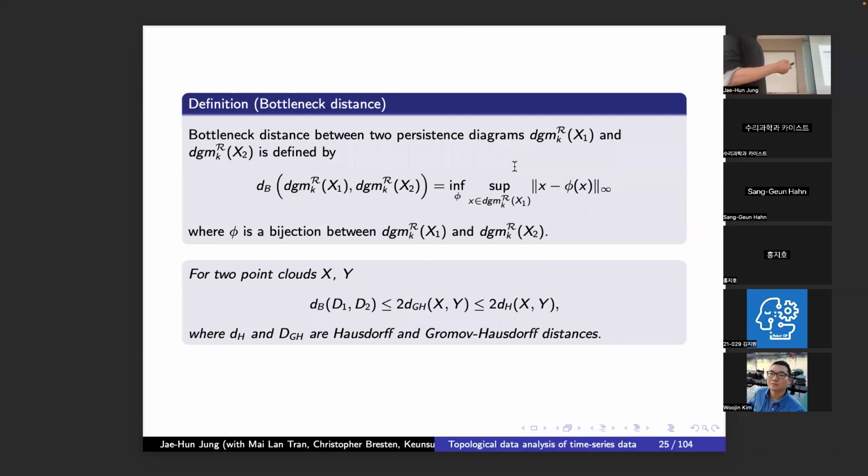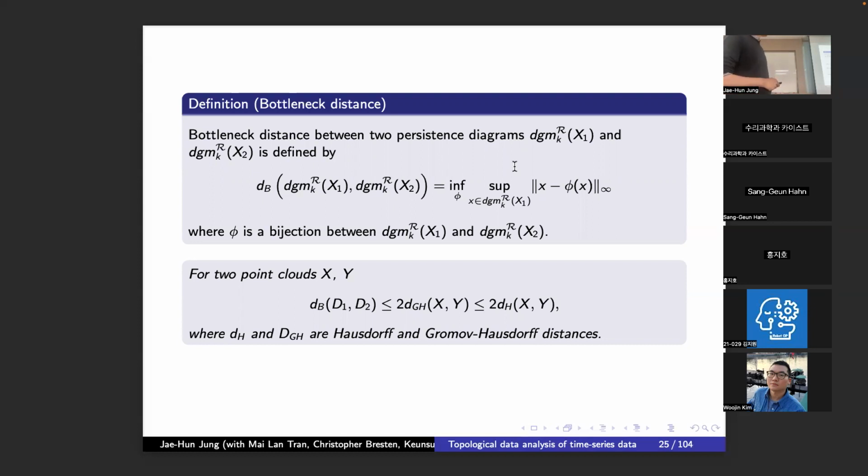Okay. So actually we need a stability theorem. Let me just briefly mention, we usually use the bottleneck distance, and then we have the stability. If X and Y are isomorphic, then the diagrams D1 and D2 are close to each other in terms of the bottleneck distance.